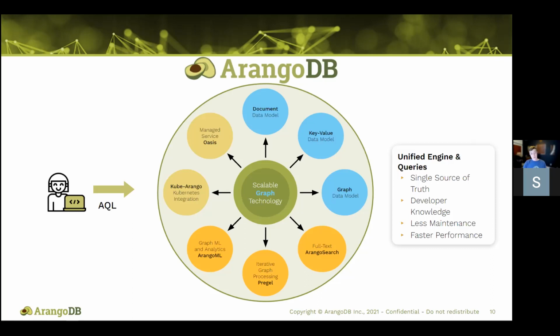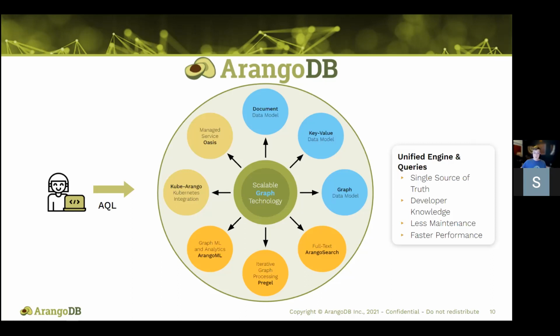We also have a Kubernetes integration with kube-arangodb, which serves as the backbone for our managed service, Oasis. Oasis is our cloud managed platform, which supports all the major providers such as Azure, AWS, and Google Cloud.